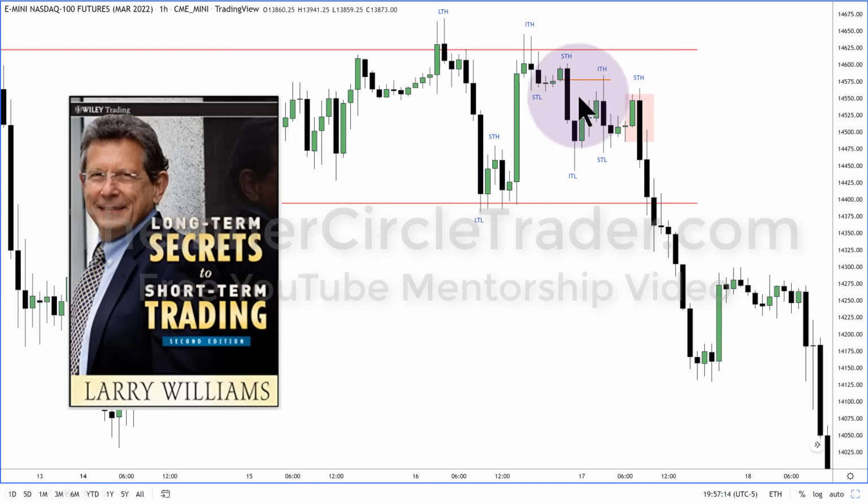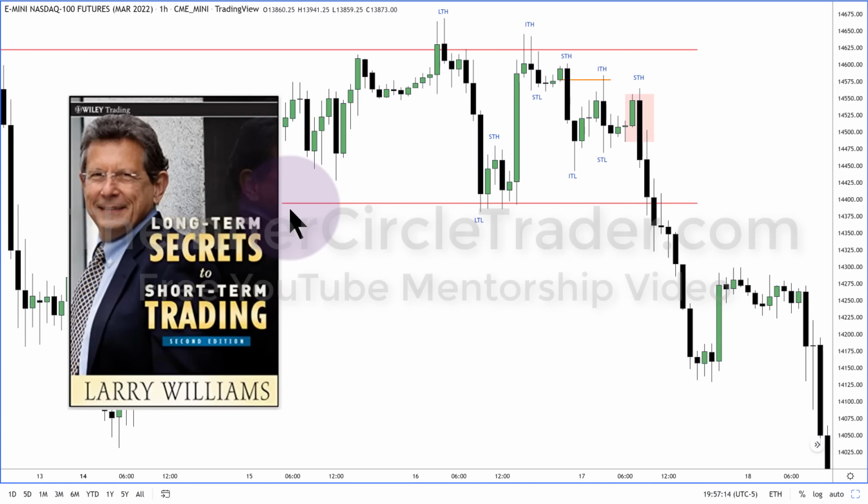So if we have an imbalance that's rebalanced and we have an intermediate term high, shouldn't an intermediate term high have a lower short-term high to the right of it and a lower short-term high to the left of it? Yes. Mr. Williams says so in his book also. What I discovered in my own study, no one taught this to me, okay?